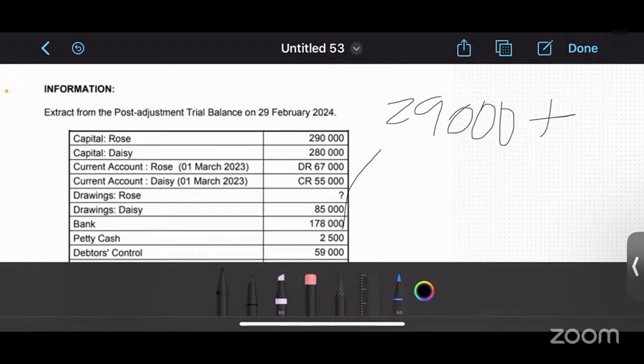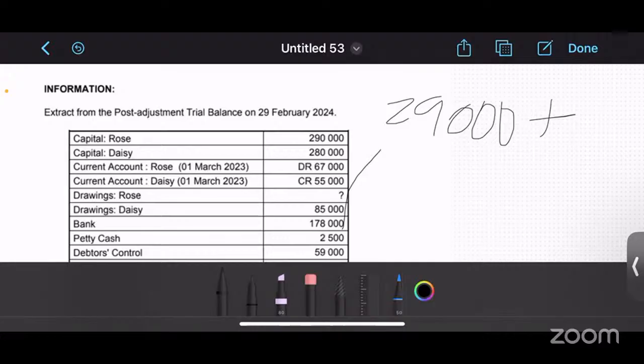Do you understand why we're doing that? No, I don't understand. So I'm saying that when you calculate interest, you calculate separately, because both amounts have not been in the business for 12 months.